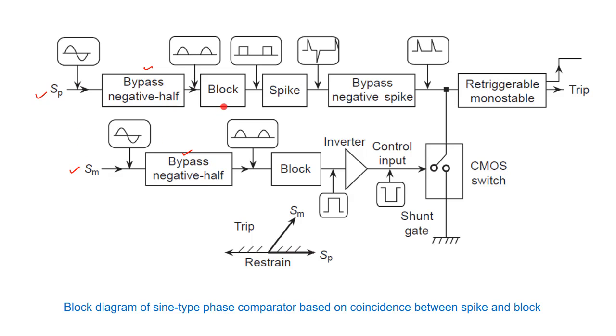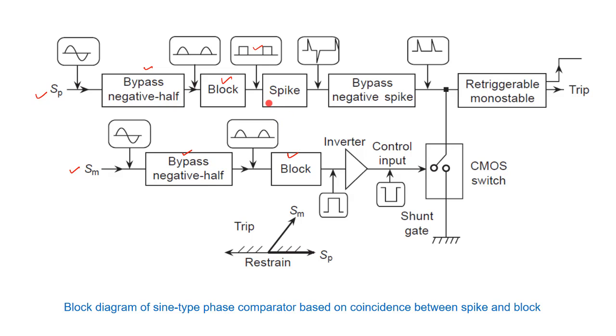Then we have the blocks which convert these positive half cycles of Sp and Sm into square waves. We have already seen that using the comparator circuit we can achieve this, and with zero crossing detection it can convert the positive half cycle signals into square waves.